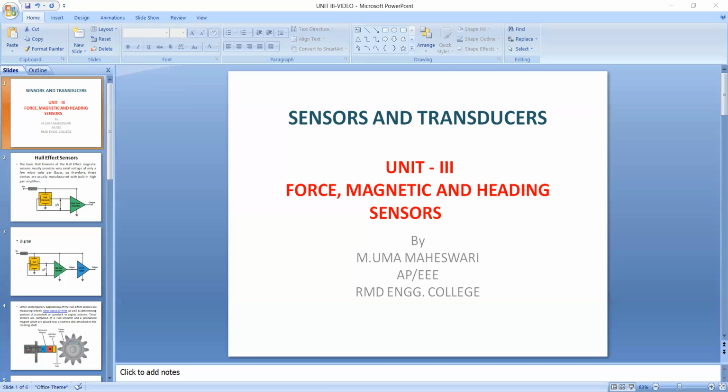The movement of electrons through the semiconductor material is affected by the presence of an external magnetic field which is at right angles to it, and this effect is greater in a flat rectangular shaped material. This effect of generating a voltage by using a magnetic field is called the Hall effect, which is named after Edwin Hall, who discovered it in the year 1870.